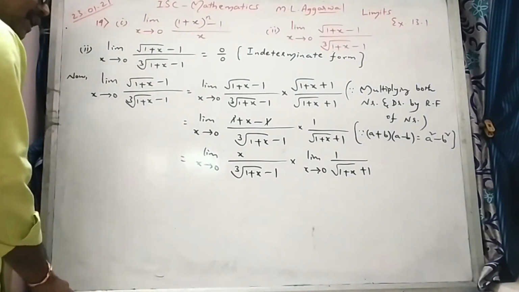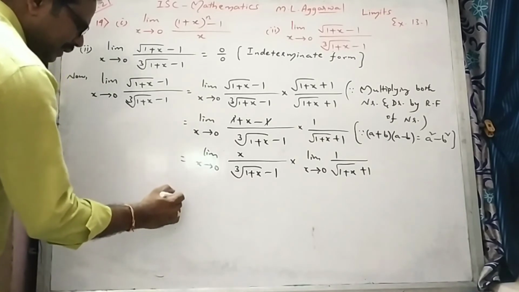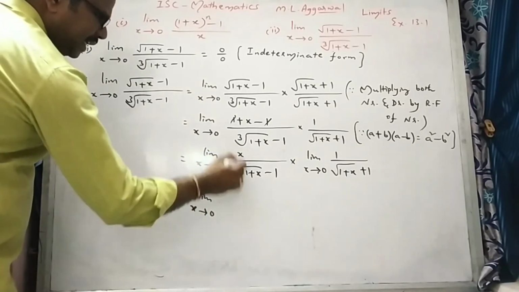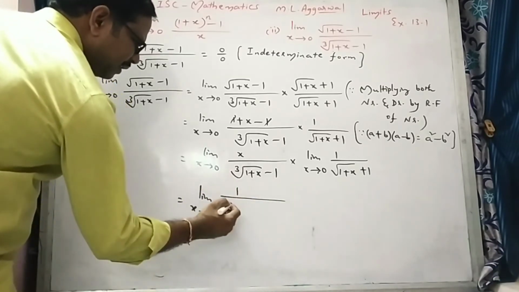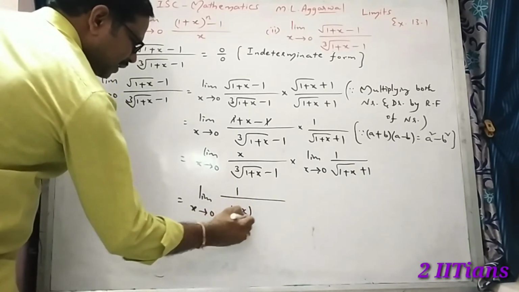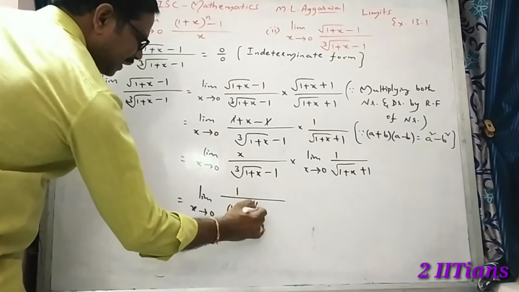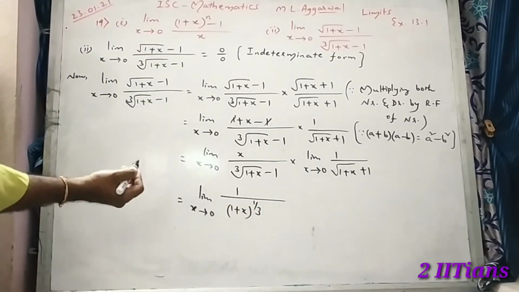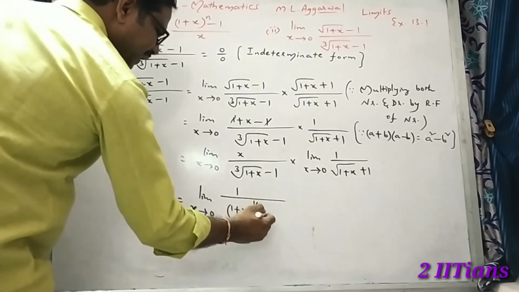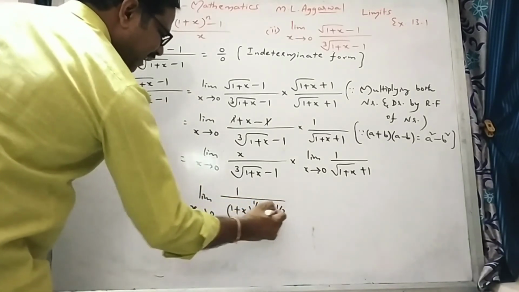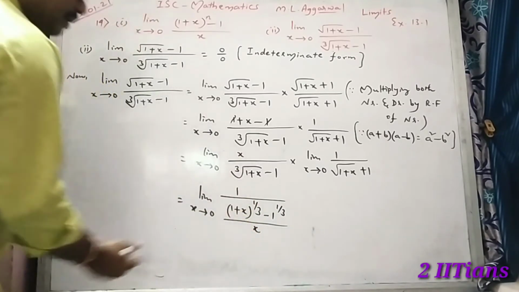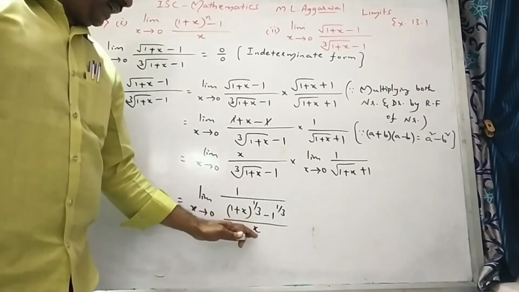Now, what I am going to do is, this I will write like this. Limit x tends to 0, send x to the denominator here. This (1 plus x) whole I will write power 1 by 3. Do you remember that cube root can be expressed as whole power 1 by 3? Hope it is clear. (1 plus x) power 1 by 3 minus 1 by x.